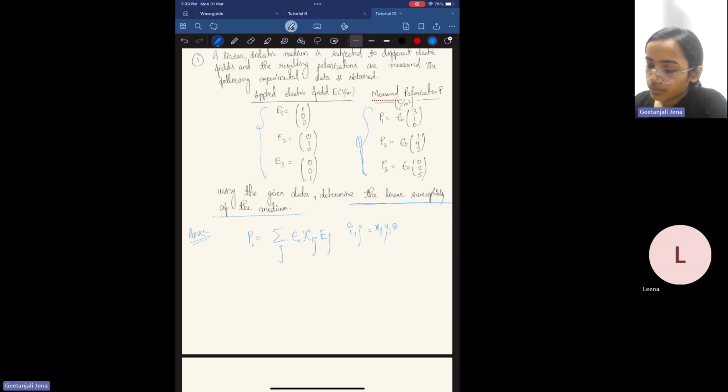In the problem it is given in matrix form, so you need to express it in matrix form.